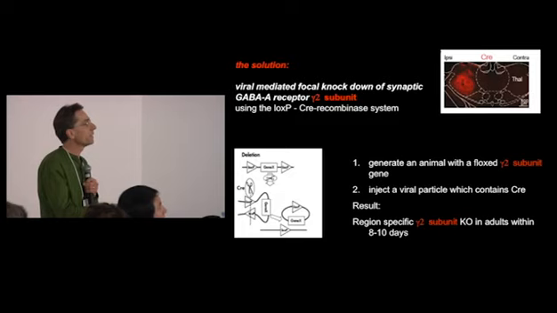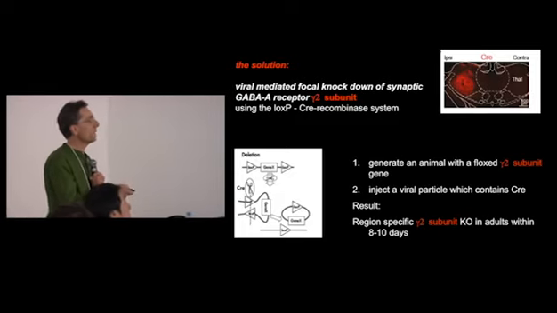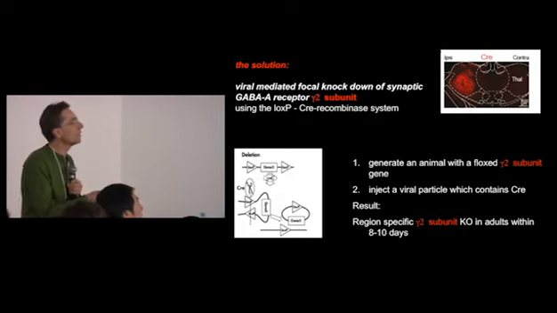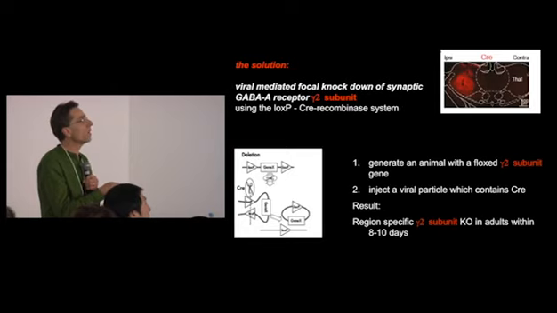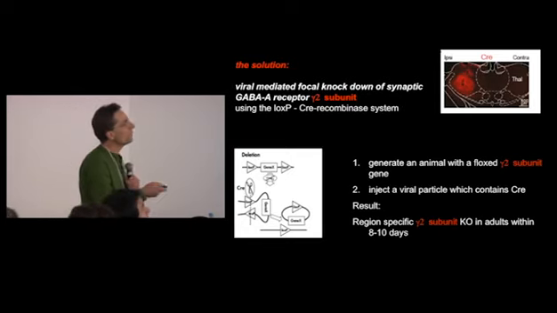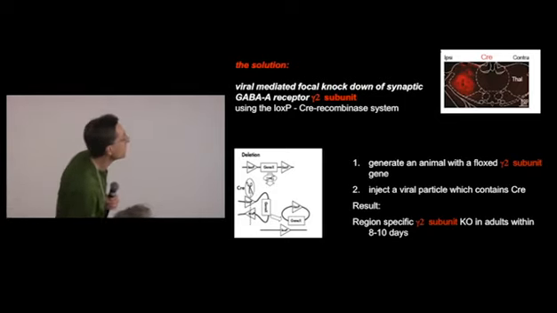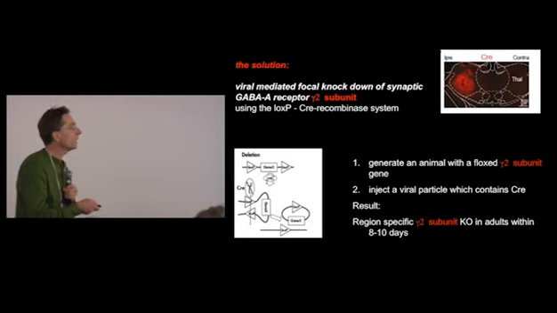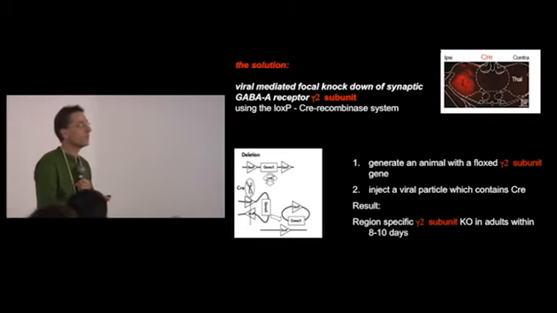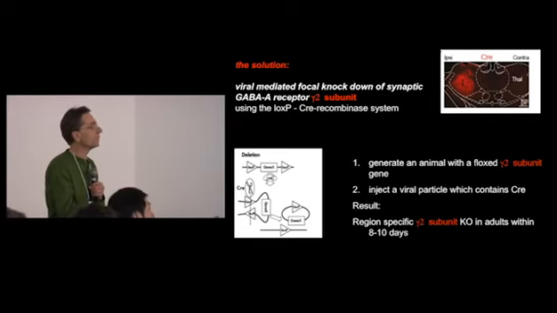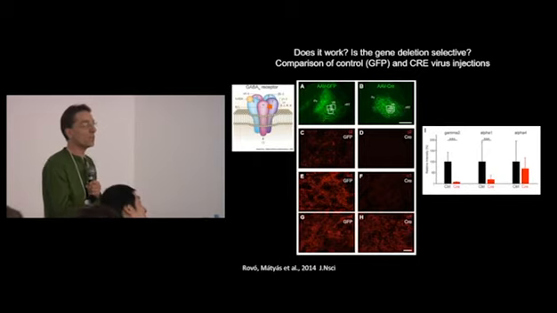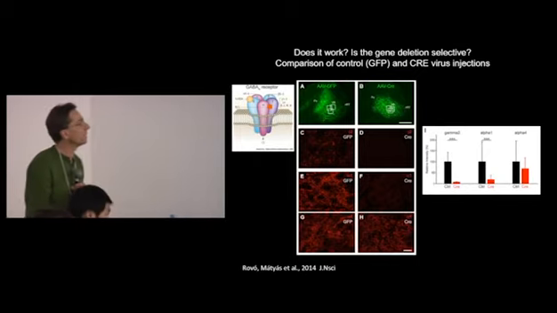In this case, we have a region-specific knockout, so the synaptic GABA-A receptors are basically missing only from a very well-defined portion of the thalamus. For this, you have to wait 8 to 10 days, since the gene is gone and the existing proteins have to be eliminated.